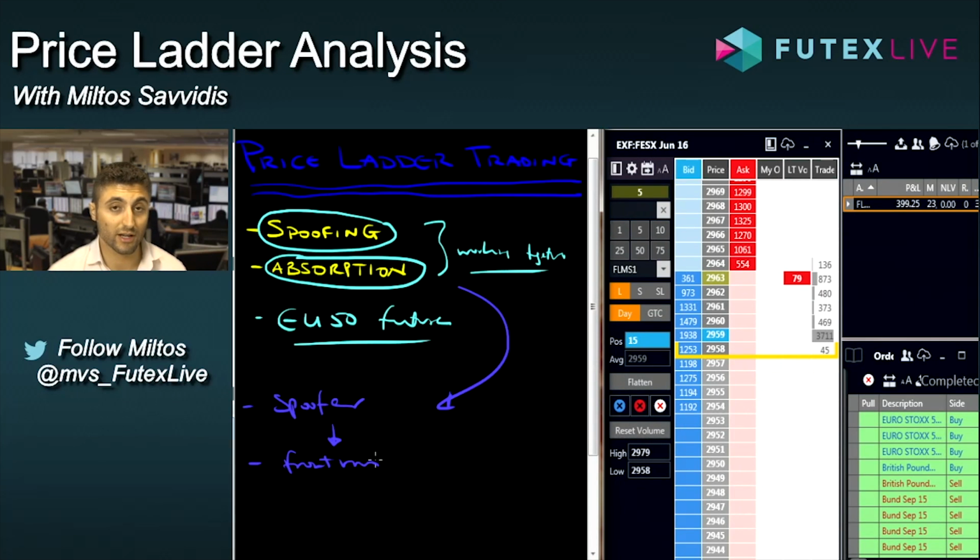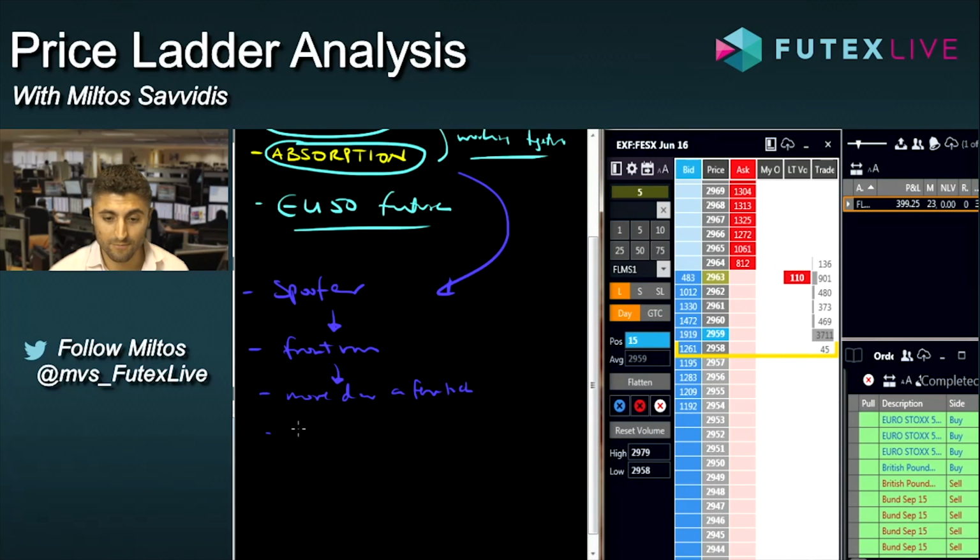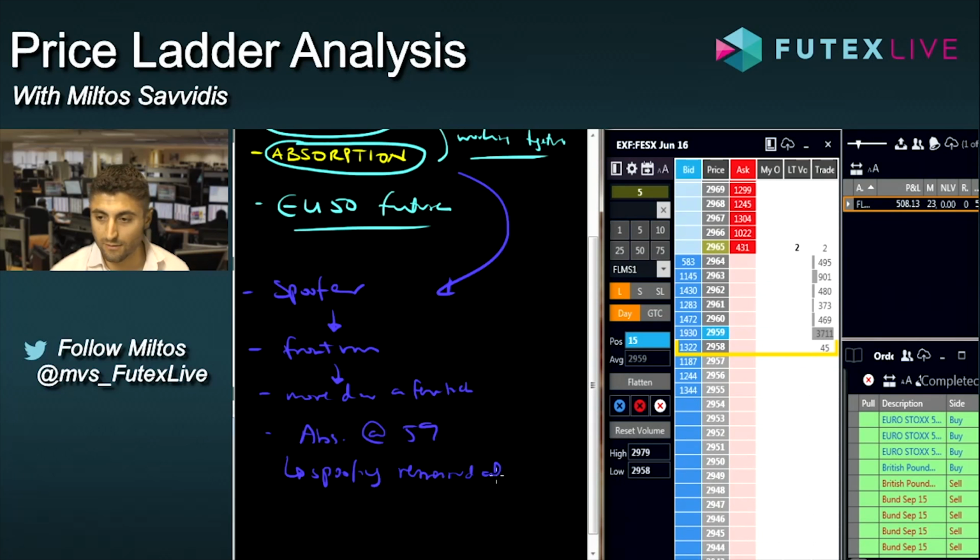So we see the front running of the spoofer. The market then moves down a few ticks. And then from there, we saw the absorption at 59s, and the spoofing remained at 61s and 60s.